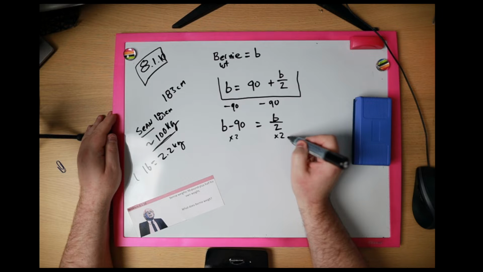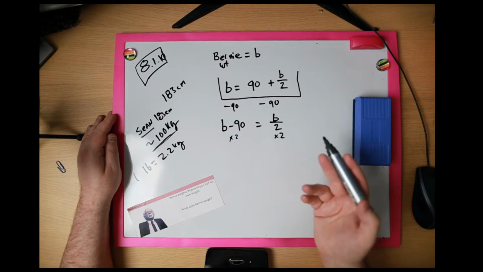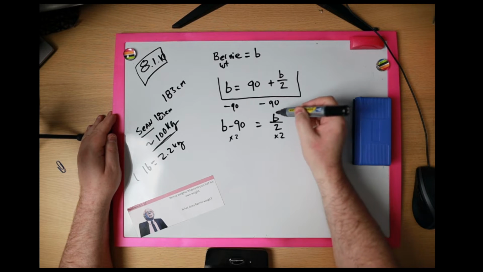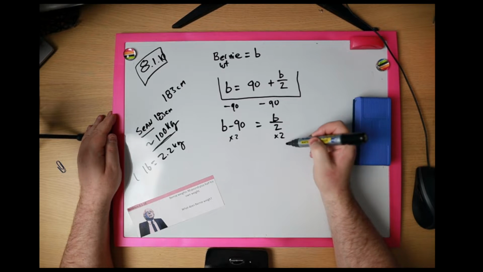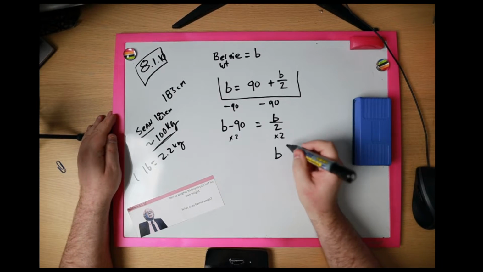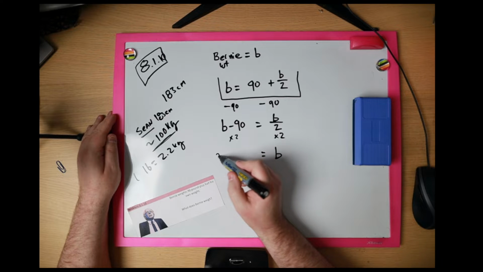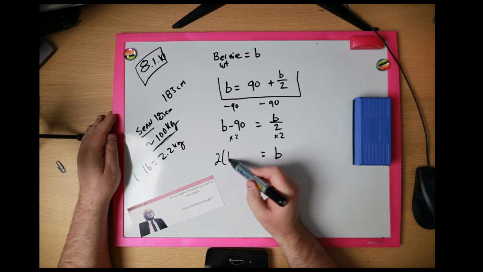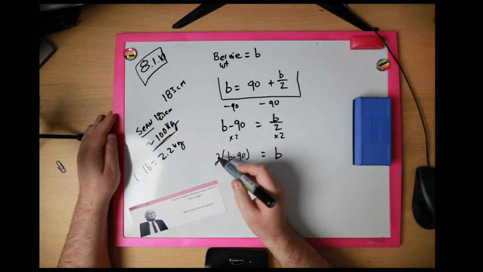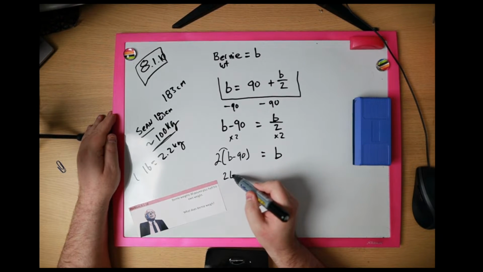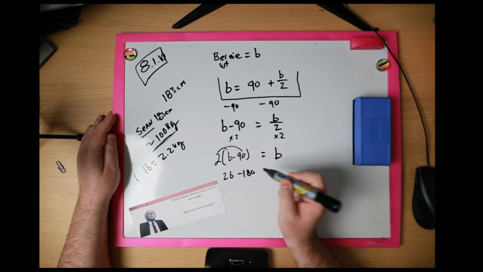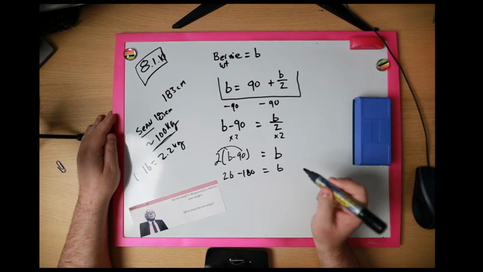Whoops. Should probably not use x for multiplication since this is algebra. That's fine. So in this case, if we multiply this side of the equation by 2, b divided by 2 multiplied by 2 is basically going to cancel out the 2 bit. So that just leaves us with b. And if we distribute this by using some parentheses, b minus 90, then the b becomes 2b, and the minus 90 would in fact become minus 180, all equal to b.